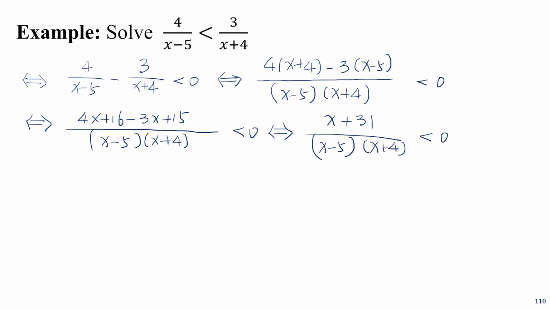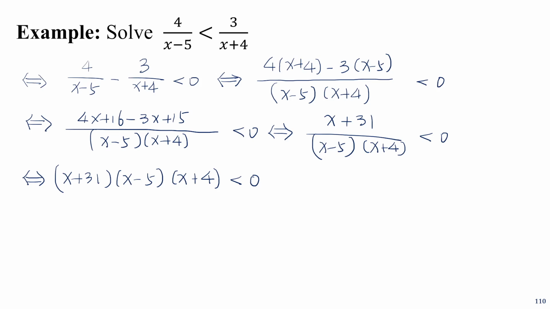So basically you have a quotient less than 0. This is equivalent to the product of these 2 expressions must be less than 0, right? Which means x plus 31 times x minus 5 times x plus 4 must be less than 0, right? And the left side is actually a polynomial function. Can you see that? So you need to study the corresponding polynomial function.